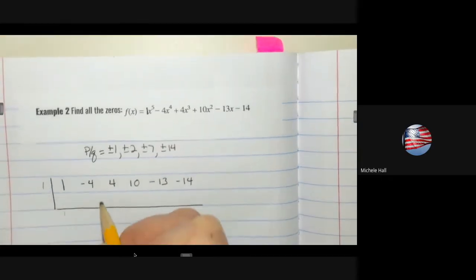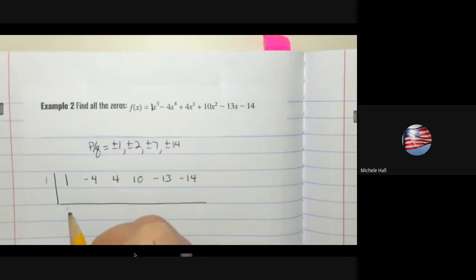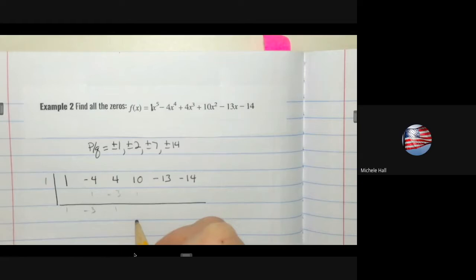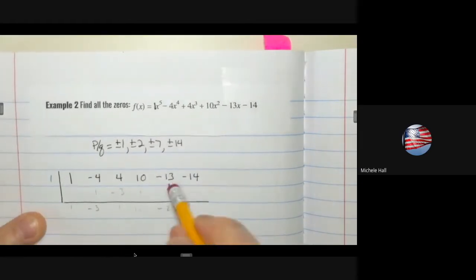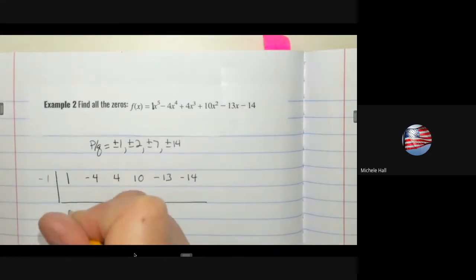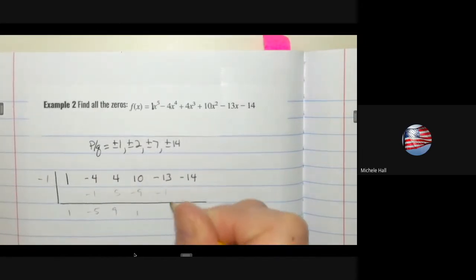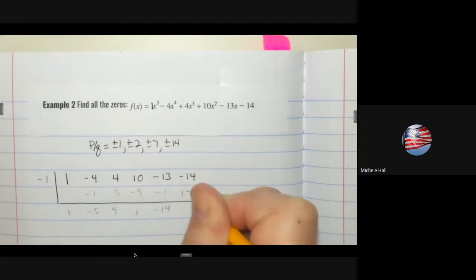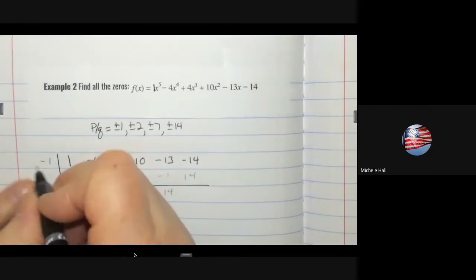Doing our synthetic division, trying to find some solutions here. Okay, there's our first solution, -1.